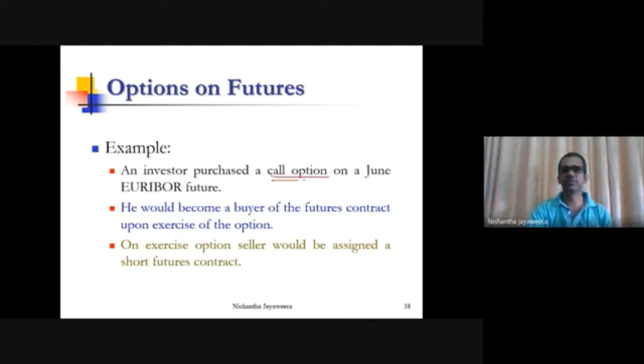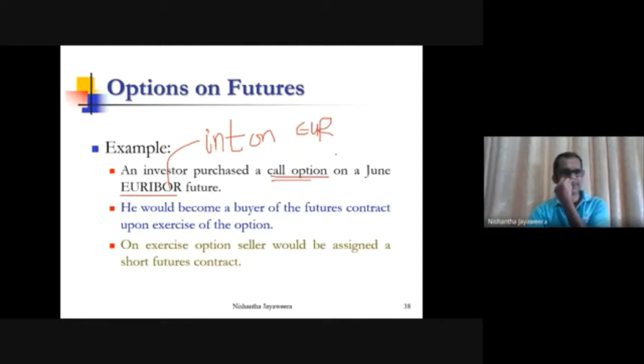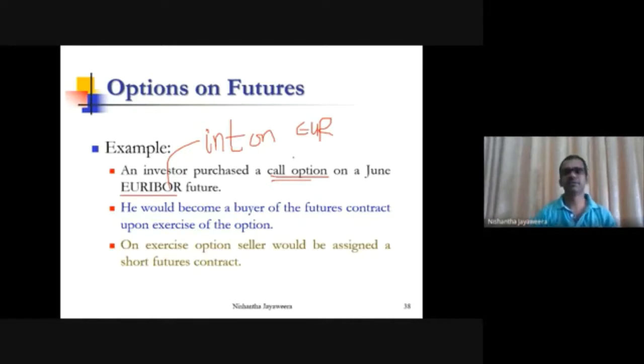So it's a call option on June Euribor futures. What is a Euribor futures? It is the interest rate on euro. So that's the interest rate option that the investor has purchased to buy the futures contract.